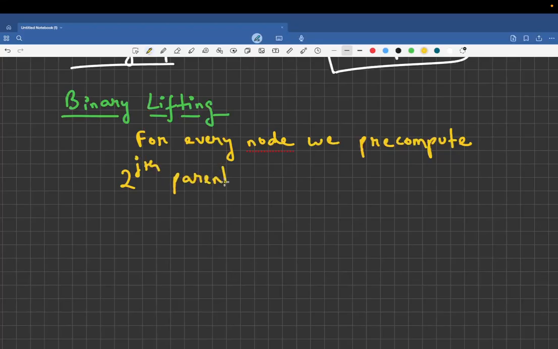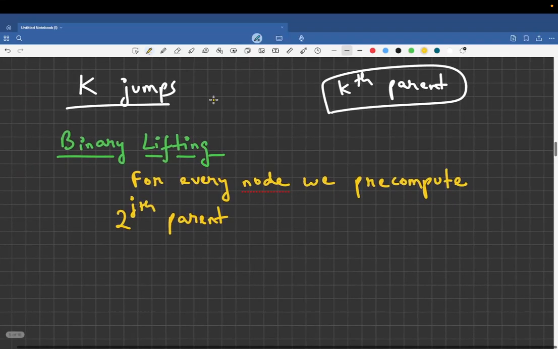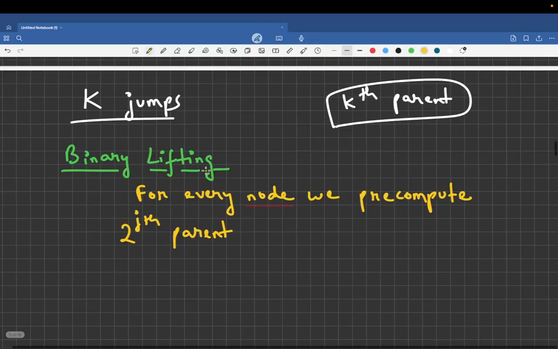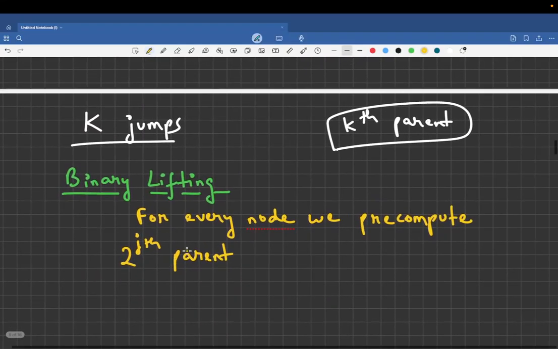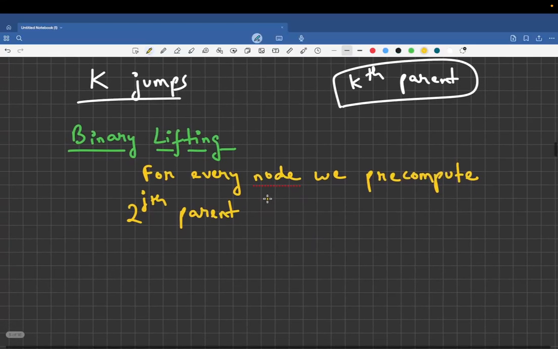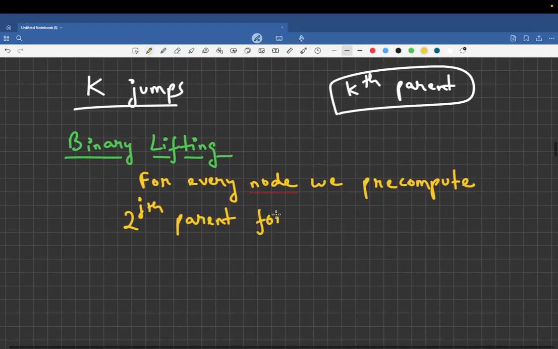Over here I am naming it as parent because this is a very general concept, but for this particular problem we just want the 2 power jth planet, right? Basically, we will discuss what 2 power j means. Let me just write this statement. For every node we pre-compute 2 power jth parent for that node.